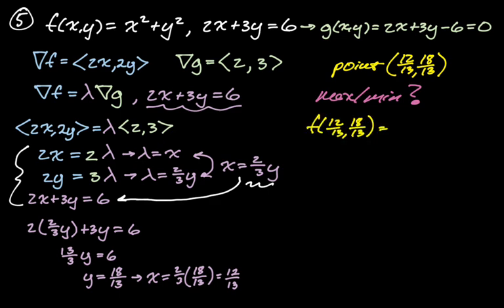So what we're going to do first is just evaluate the function at this point, which is super annoying. So 12/13 squared plus 18/13 squared. It's not as bad as it could be, because 12 and 18 are both multiples of 6. So you can, if you have to, cleverly rewrite this as 6 squared times 2 squared plus 3 squared over 13 squared.